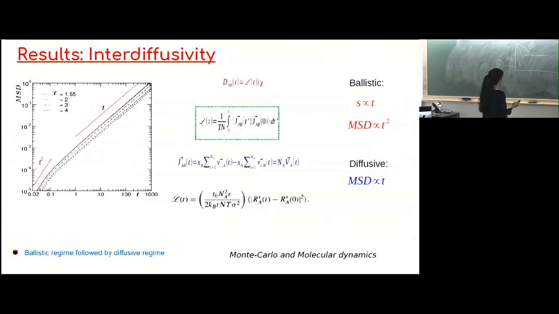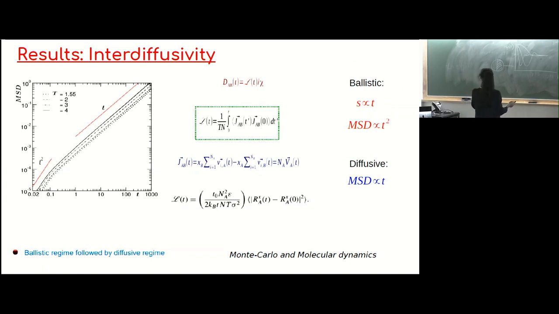So one transport quantity we look at is the interdiffusivity, which is related to the concentration current in the system. Okay, and so it's defined here. It's something known as the Onsager coefficient. So you can calculate it either using the relevant Green-Kubo formula or the corresponding Einstein formula as well.